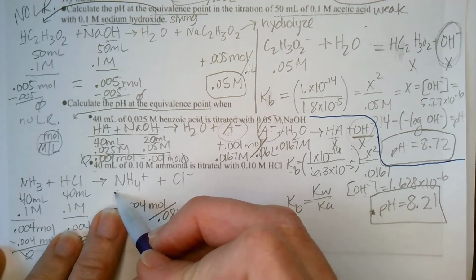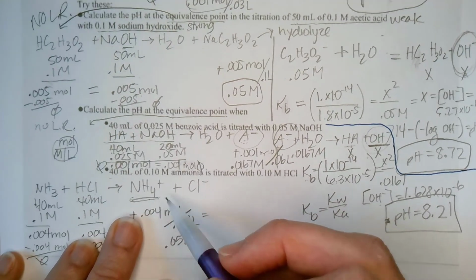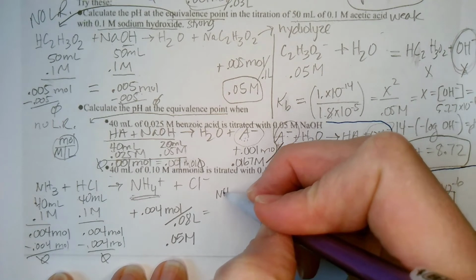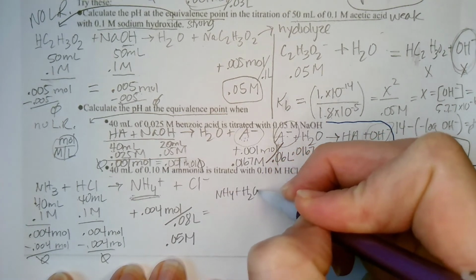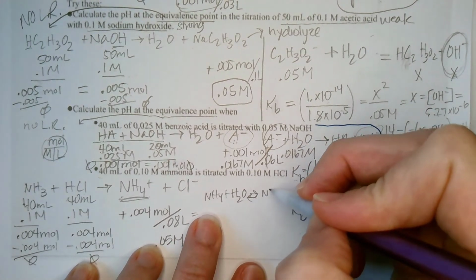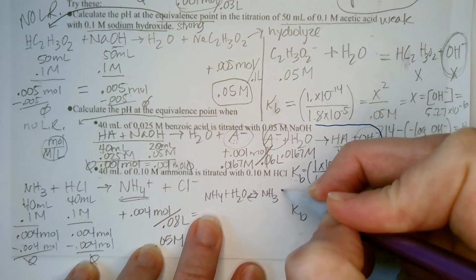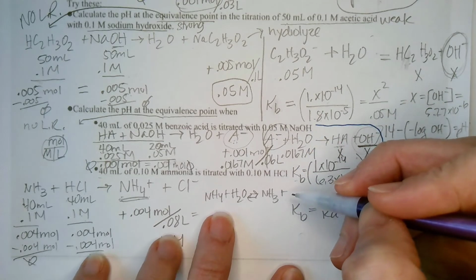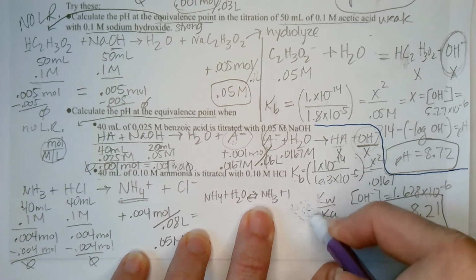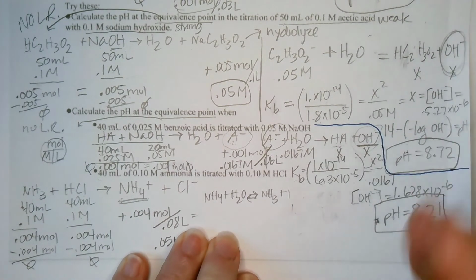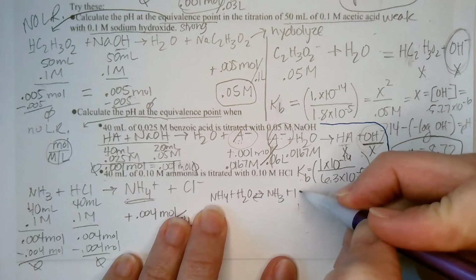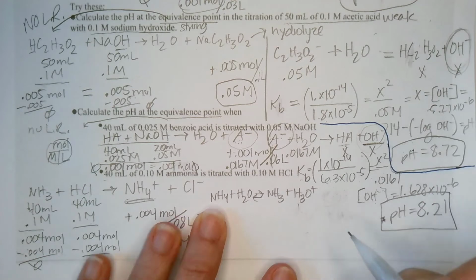Our NH4 plus is our salt that is going to hydrolyze, forming an equilibrium to make NH3 and H3O plus. I'm going to erase this from my last one to give me a little bit more room. This is my NH3 and H3O plus.